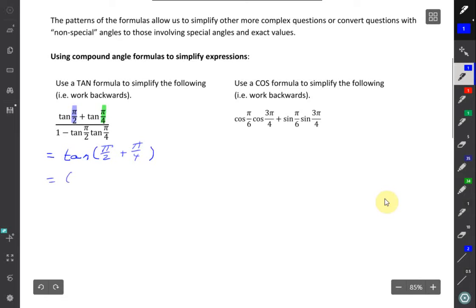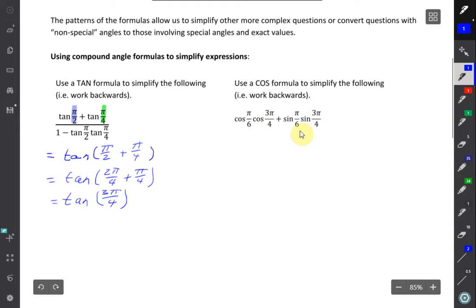So I'm getting a common denominator, tan of 2 pi over 4 plus pi over 4. Simplifying, we get the tan of 3 pi over 4. So basically, this expression here can be boiled down to something much simpler. And hopefully you can see how that would be helpful.